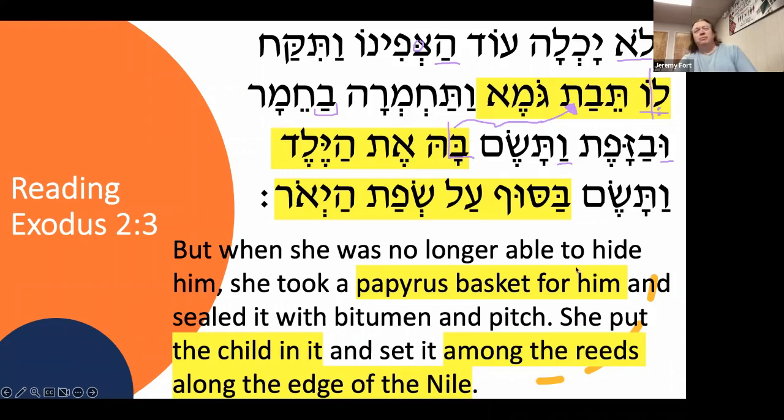For him? Yep. Right there. And she took, from lakach, she took for him a tevat of gomeh, an ark, some kind of a saving device of papyrus, and she sealed it with bitumen and pitch. Same words, some of these words coming right out of the Noah story.